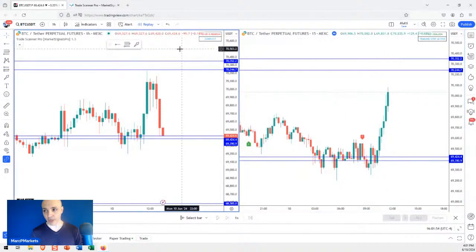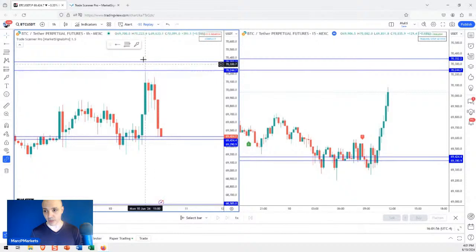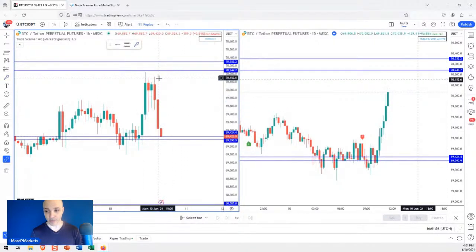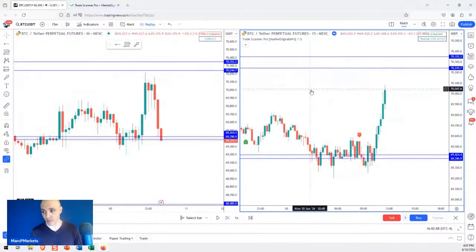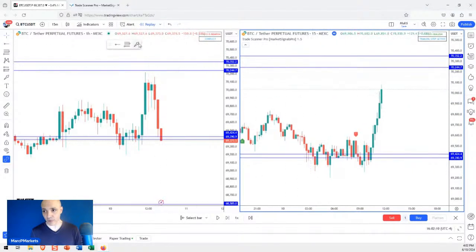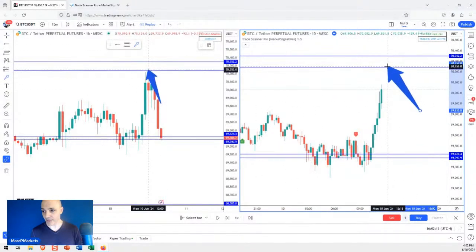Even though you might be fighting the bigger picture a bit, you have a level. You're trying to play the level. You may be counter the trend, but there's a good chance you may reject the level and you want to take a little bite. It's aggressive, yes, but it's plausible if you have the experience for that, if you understand what you're doing, right? That's a very short-term, day trade mentality.